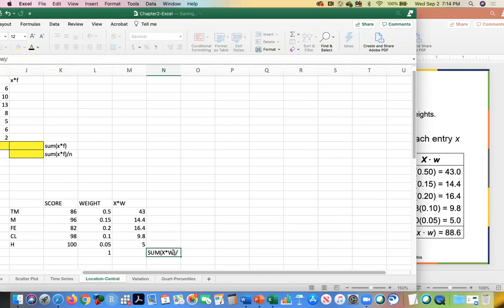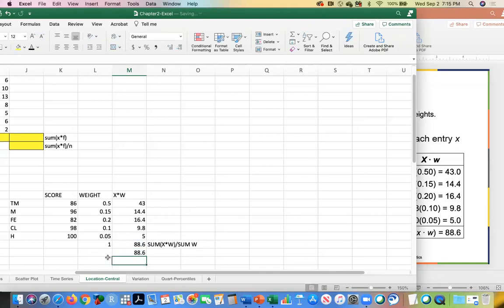Or the summatory of weights. In this case, the summatory of weights is 1. So I am going to sum all of these. The final grade is gonna be this number divided by the summatory of the weights. As you can see, I don't need to do that because it's always divided by 1. So my final score is 88.6.